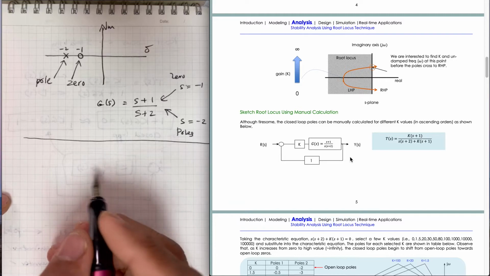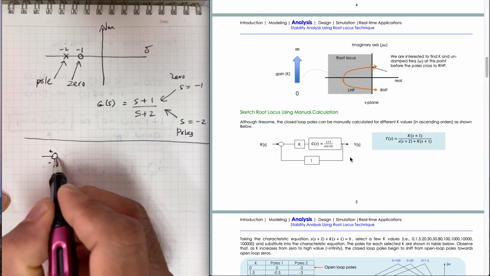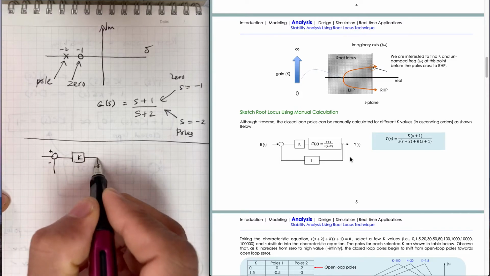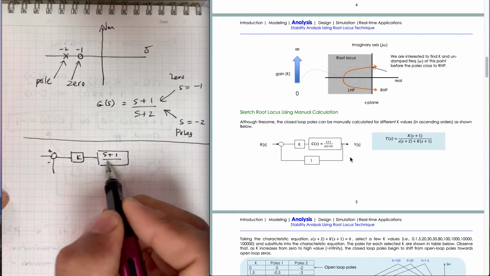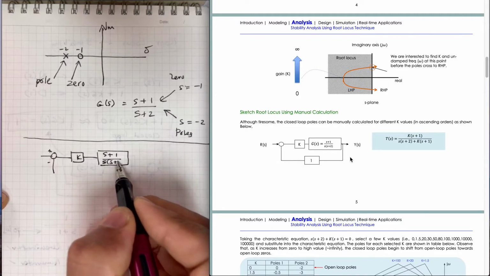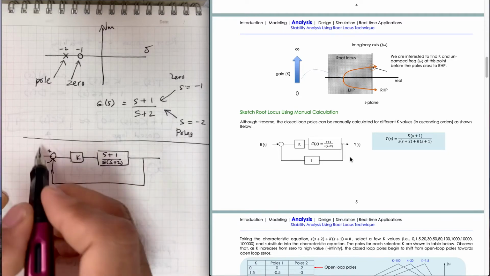Let me draw this: s plus 1, s plus 2. This is a unity feedback system.